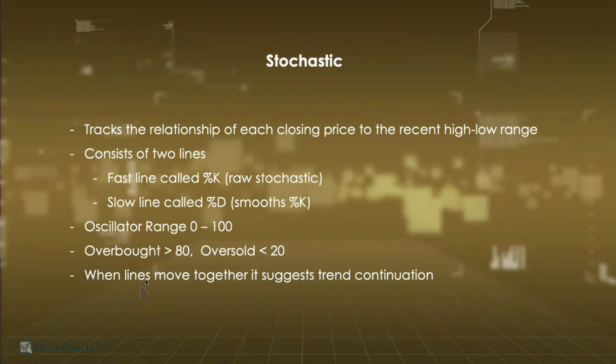And when both of your %K and %D are moving together, that suggests you're going to continue that trend. So if they're both moving together to the upside, that suggests that your price trend moving up is going to continue.